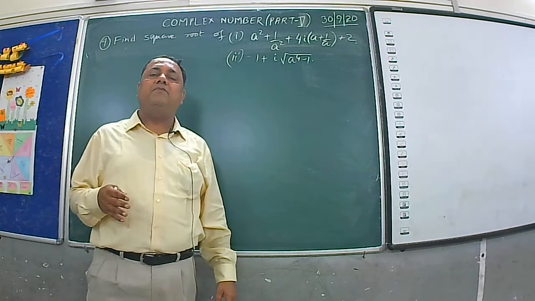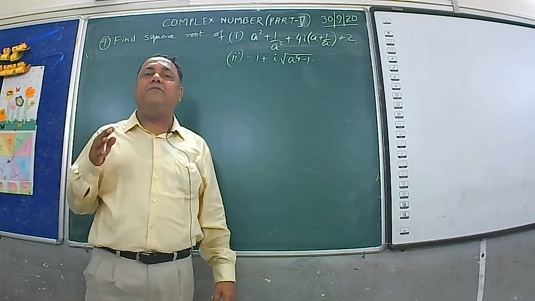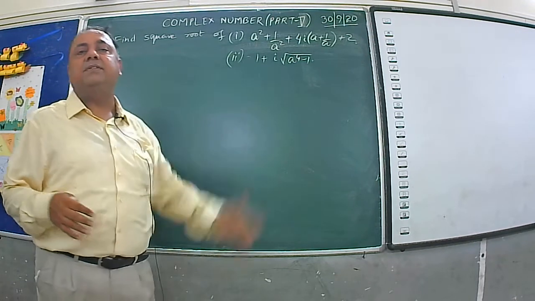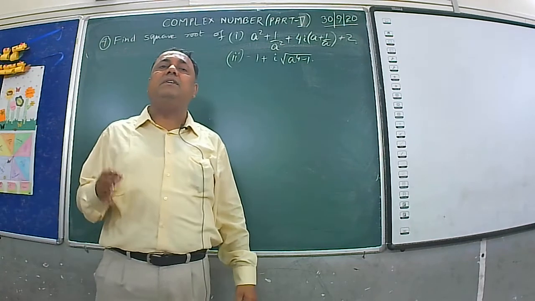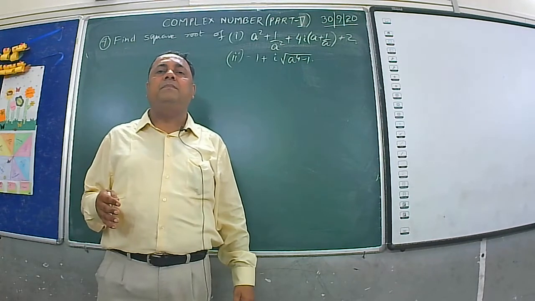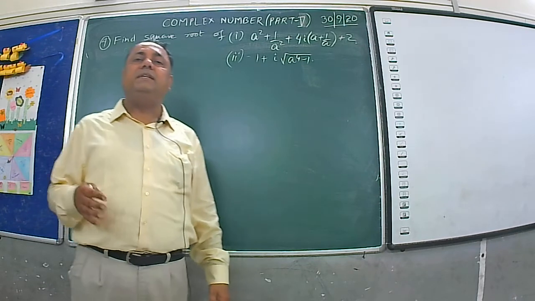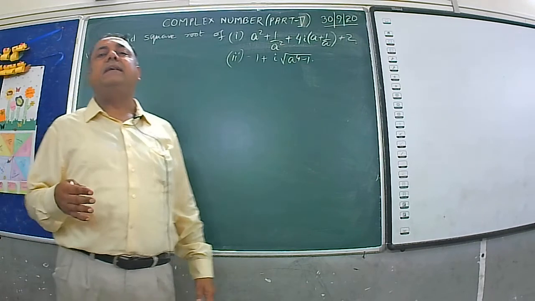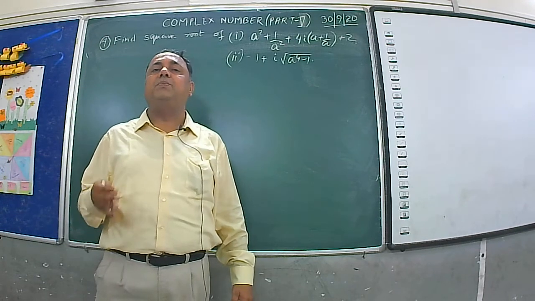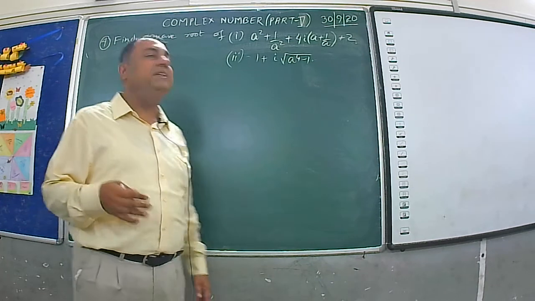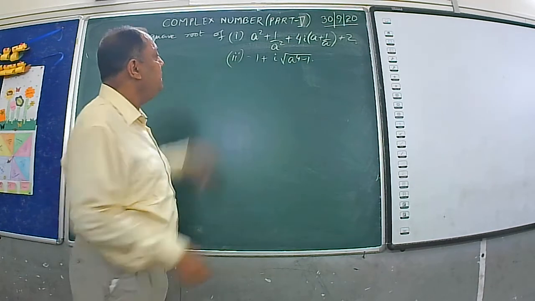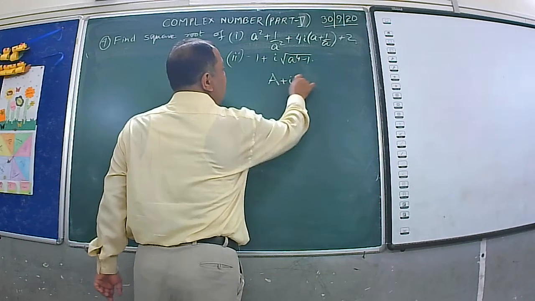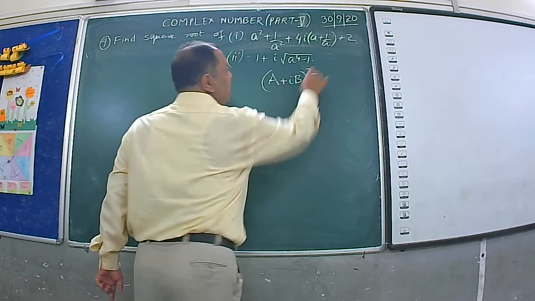My aim for this particular problem is to first express the given expression in square form. If I can express it in square form, then easily I can find its square root. Square form means I have to express it in a plus ib whole square form.